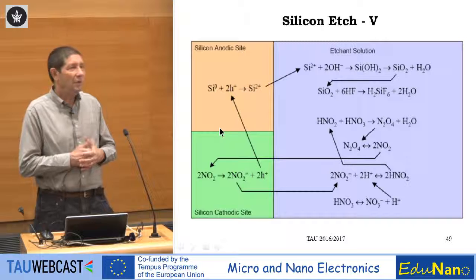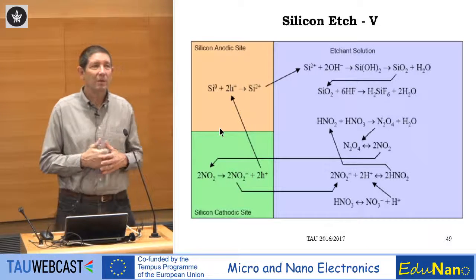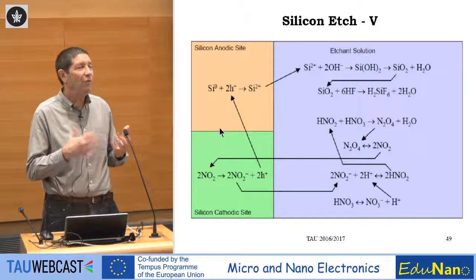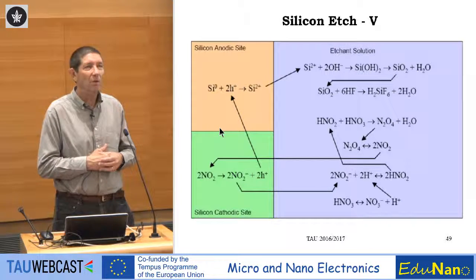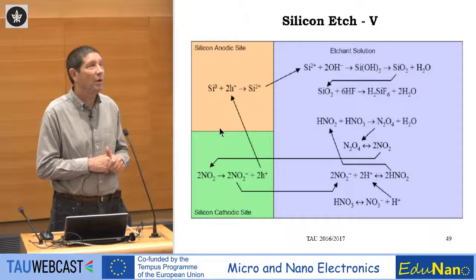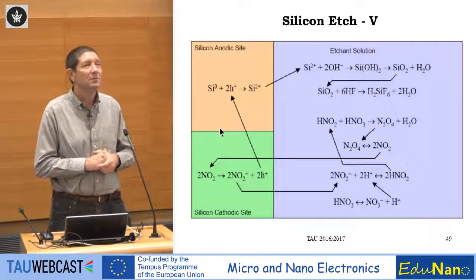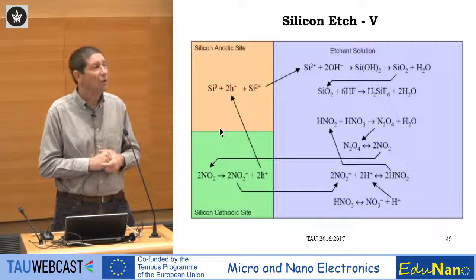Now, let me ask you a question. Since this type of etching, or also other etching, involves electrons and holes, can you recommend a way to accelerate etching, for example? Doping.